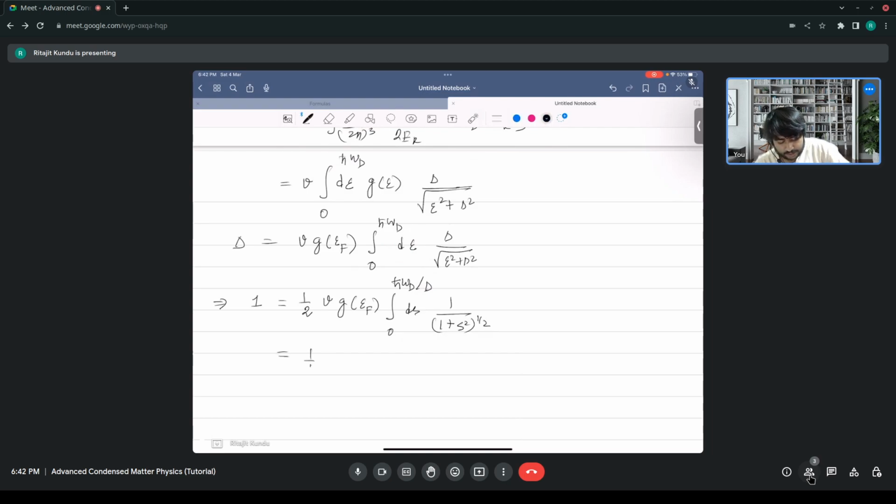Then you get V g of epsilon_f times the inverse hyperbolic sine. Now we can do a little more simplification.